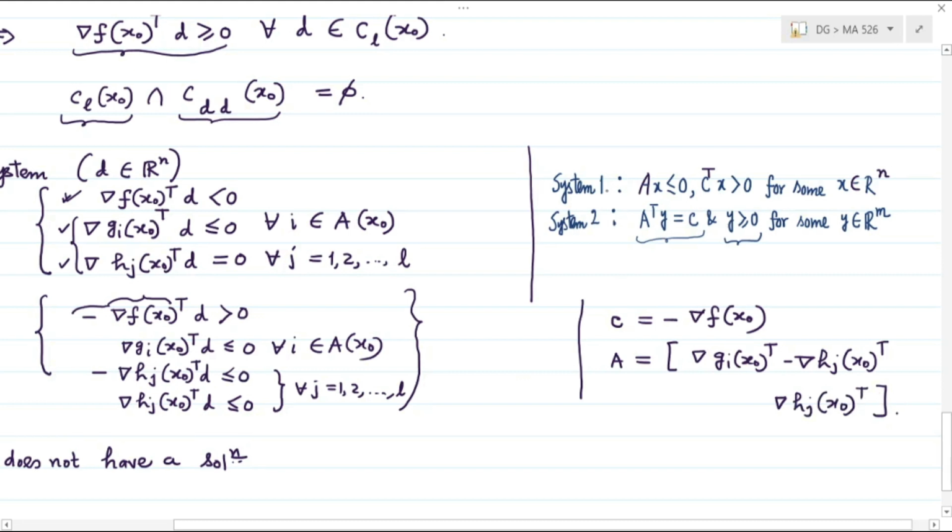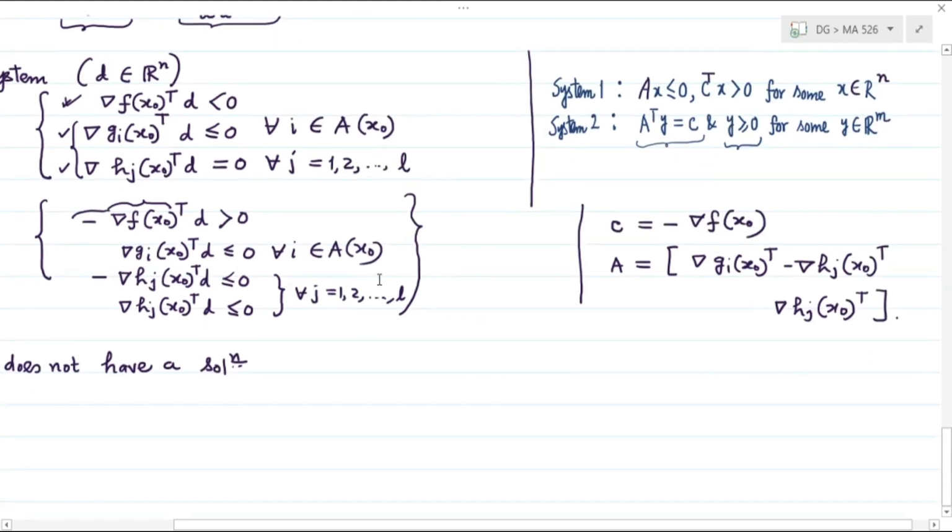What is system 2? Let me quickly write it. In system 2 we have c equals A transpose y for some y greater than or equal to 0. So there exists y. Here y is not just m-dimensional; you have, suppose, p many in Ax naught, and here you have 2L many. So your capital M in system 2 is P plus 2L dimensional.